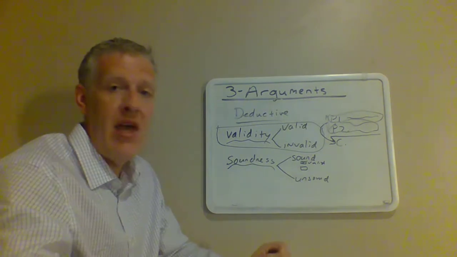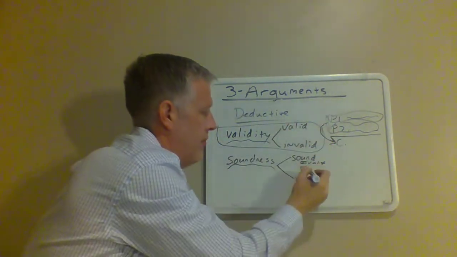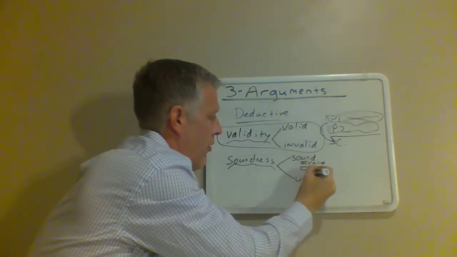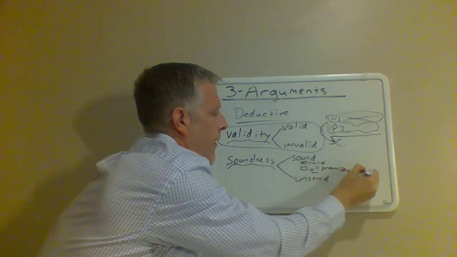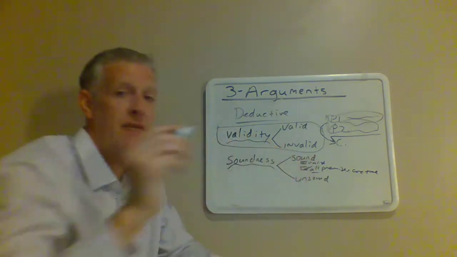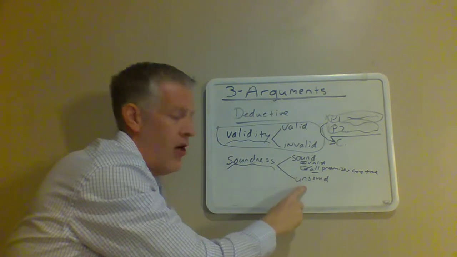Then this is where we actually are interested in the truth of the premises. Are all premises true? All it takes is for one of the premises to be false, and that would render the entire argument unsound.